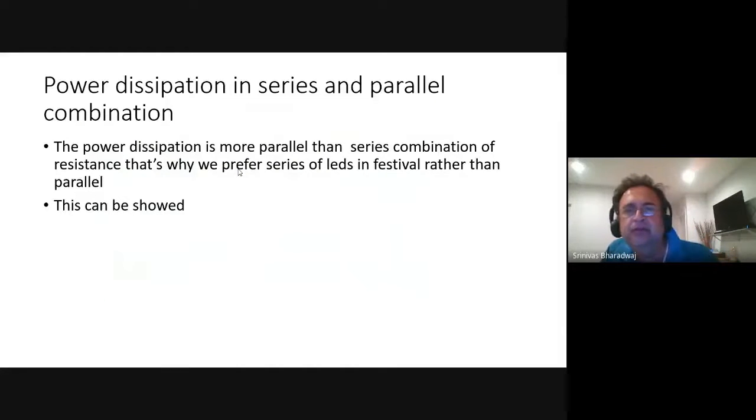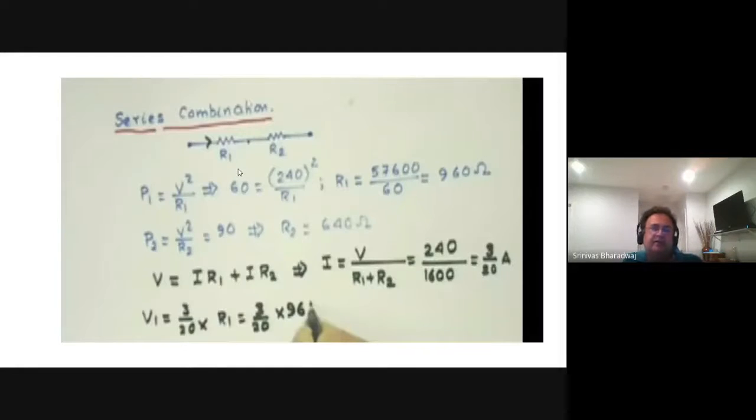The power dissipation is more in parallel than in series. That's why we prefer series of LEDs in festivals rather than parallel. In parallel, it will hopefully burn brighter, but if it burns brighter, then it will consume more power.